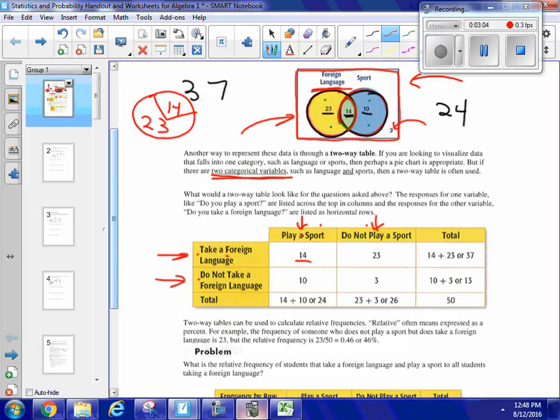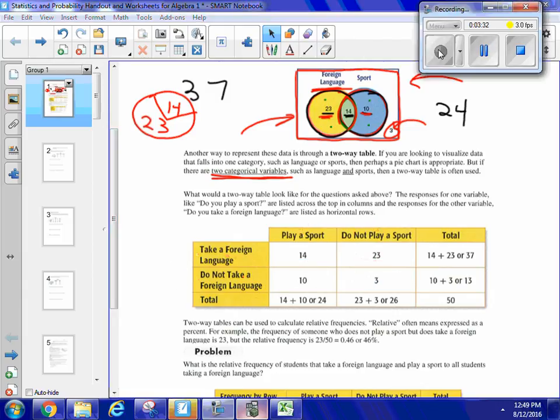Those who do not take a foreign language but do play a sport, that's this 10. Those who don't play a sport but do take a foreign language, that's my 23. And those who don't play a sport and don't take a foreign language, that's my 3, the remaining students. So this is what is called a two-way table.